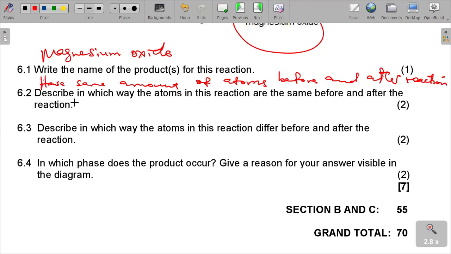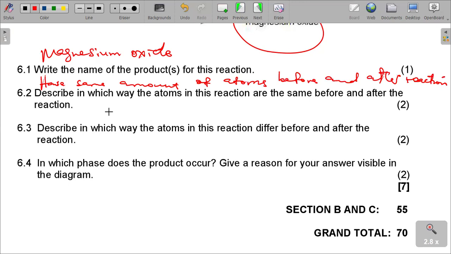That's the question. Next question: describe in which way the atoms in this reaction differ before and after the reaction.